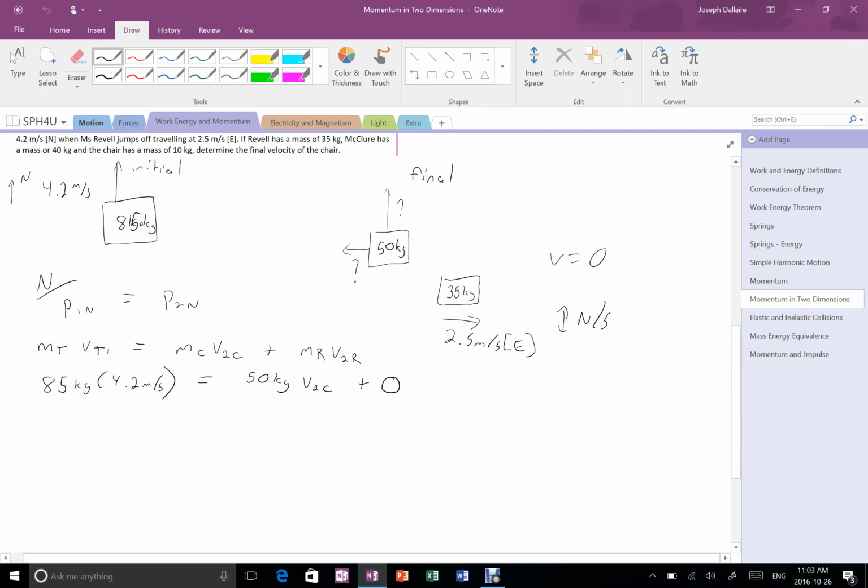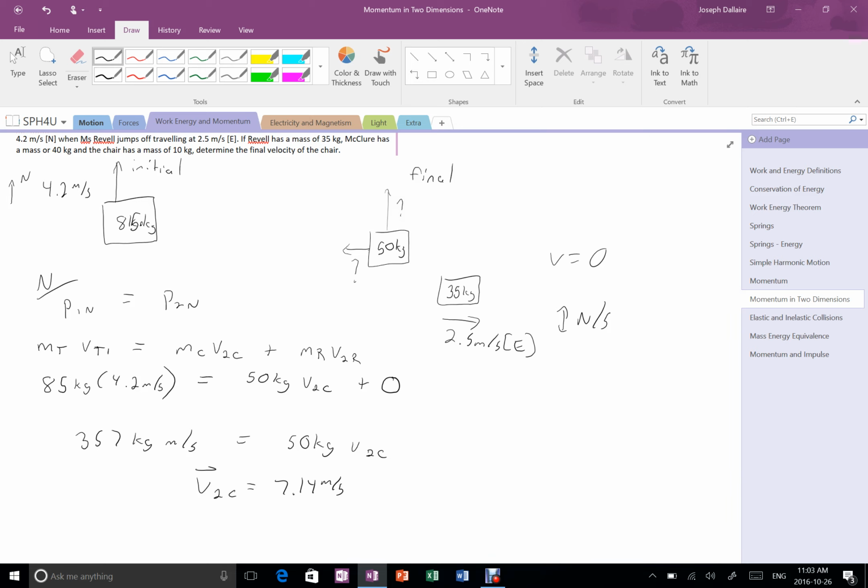All right, 85 times 4.2 is 357 kilogram meters per second. 50 kilograms times the final velocity of the chair. So 7.14 meters per second. In the final situation in the north direction, the chair is going 7.14 meters per second.